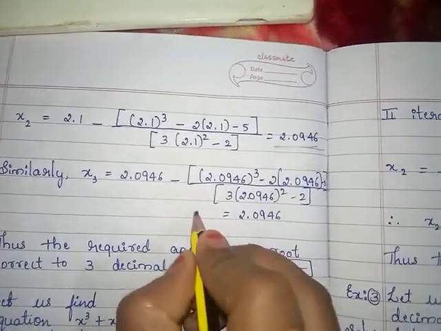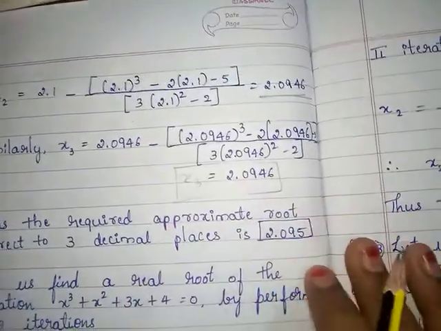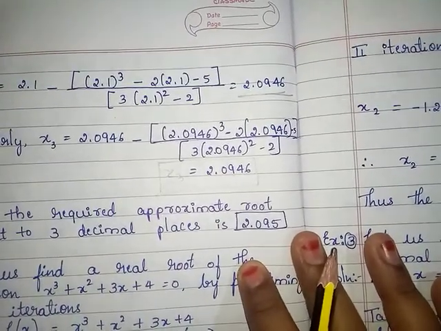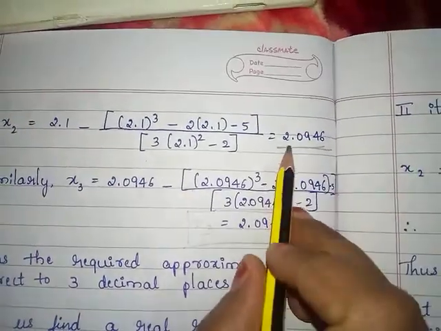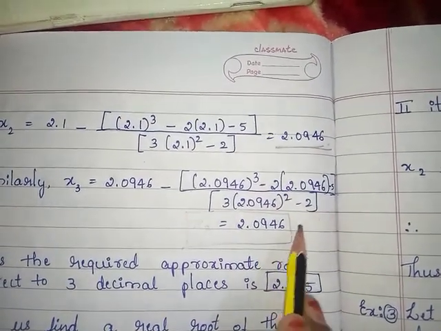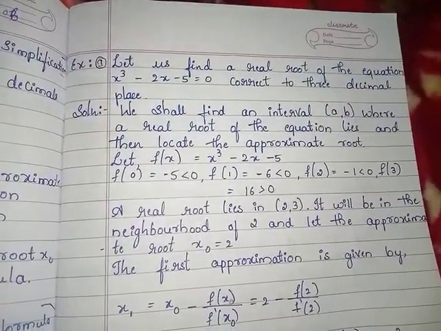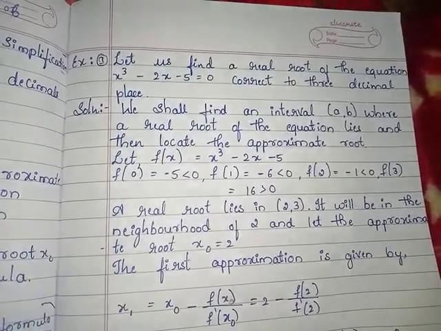We get x3 equal to 2.0946. Here we have to find the real root of the equation correct to 3 decimal places.